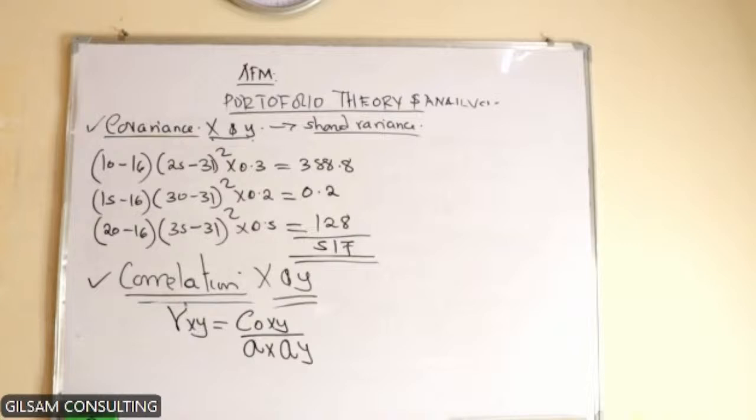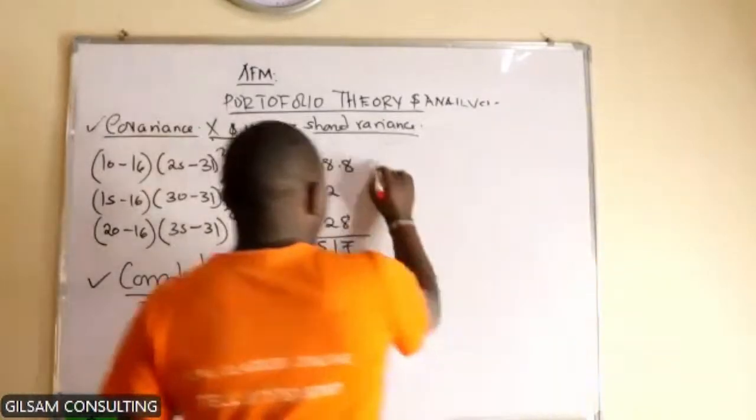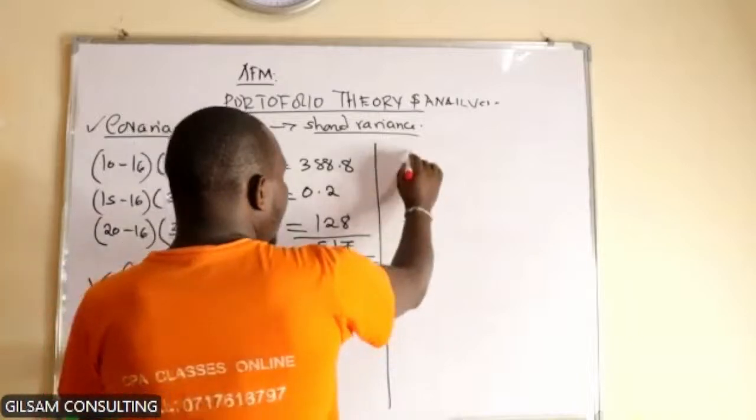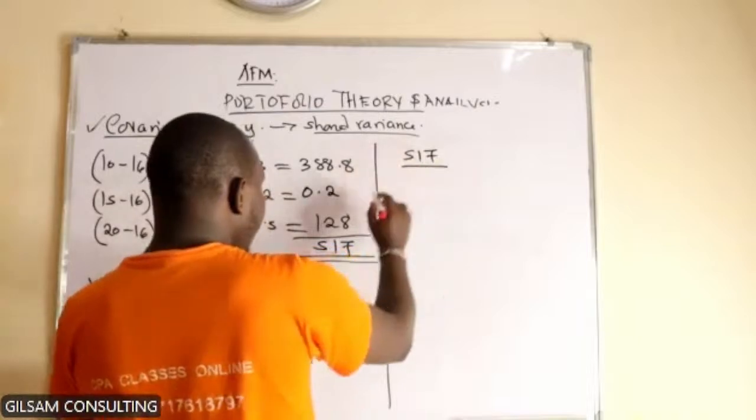So for the expected return of the portfolio, we have the weight of S, which is simple. We have already gotten this. The covariance is 517, which we divide by the standard deviation.